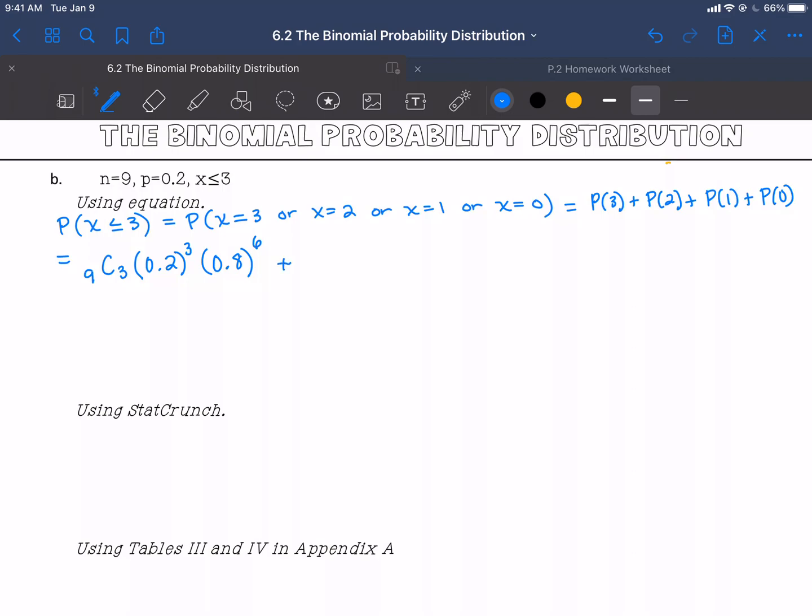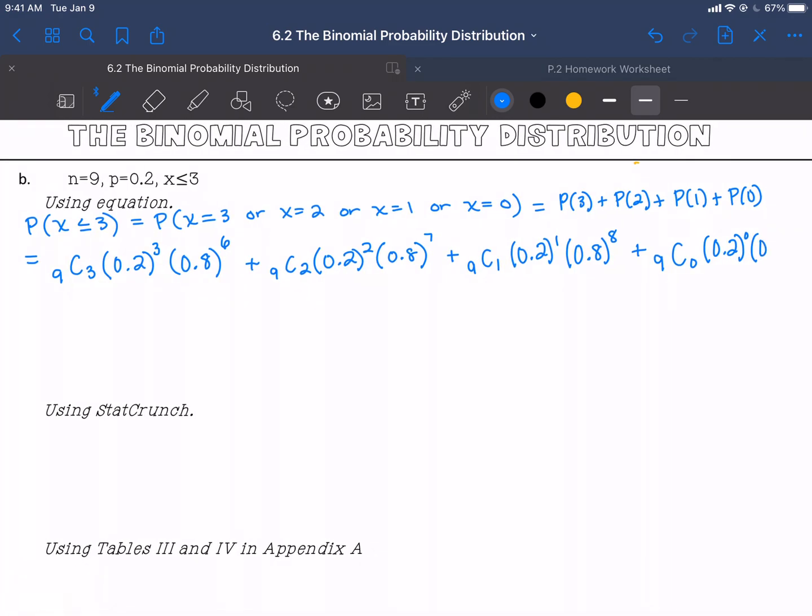Plus, I'm going to do this for the probability that it's 2, so I'm going to do 9 choose 2 times 0.2 to the second power times 0.8 raised to the 7th power. Plus, for the probability that it's 1, I'm doing 9 choose 1 times 0.2 raised to the first power times 0.8 raised to the 8th power. And then the probability it's equal to 0 is 9 choose 0 times 0.2 raised to the 0 power times 0.8 raised to the 9th power.